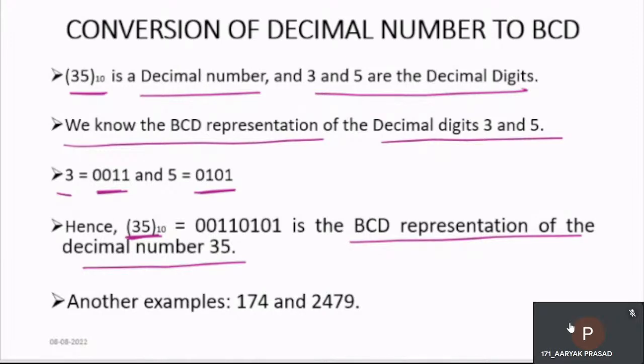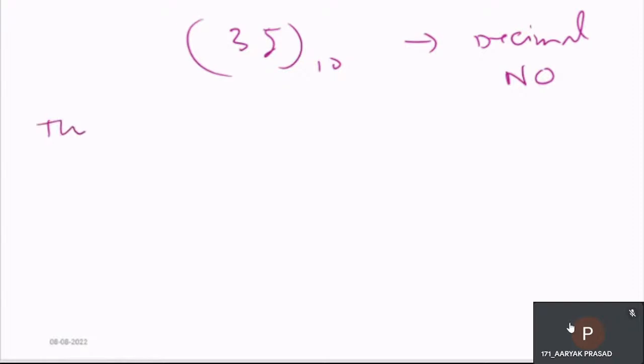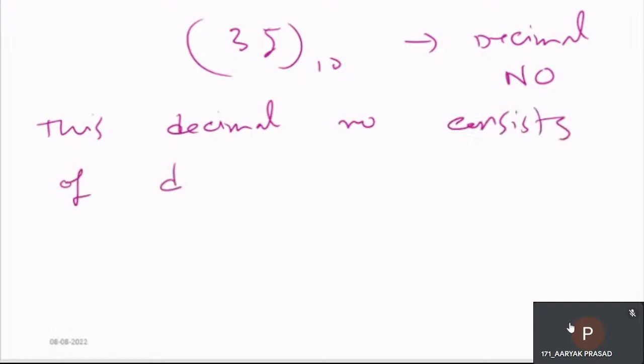Okay, means what is happening over here? 35 base 10 is the decimal number, and this decimal number consists of decimal digits 3 and 5.